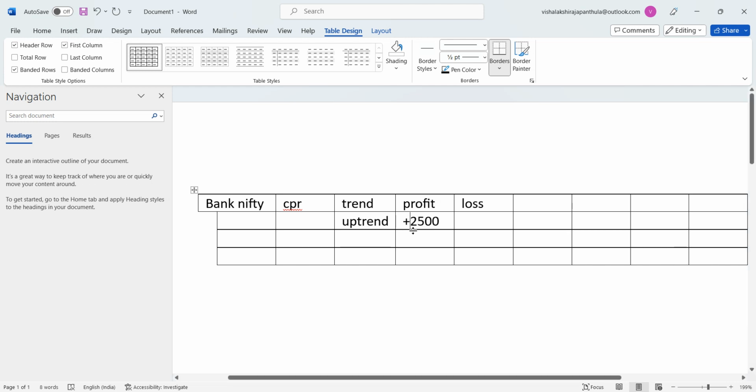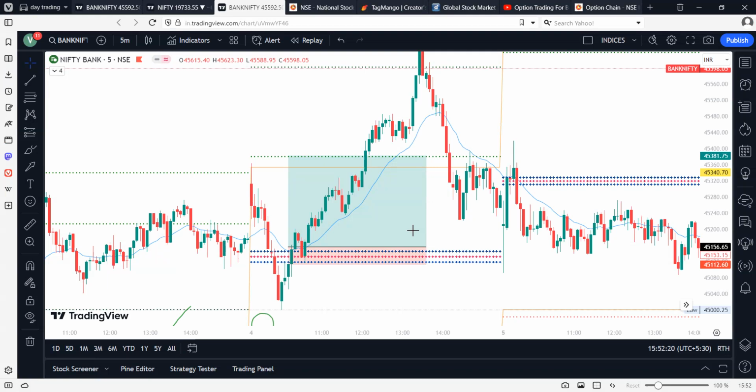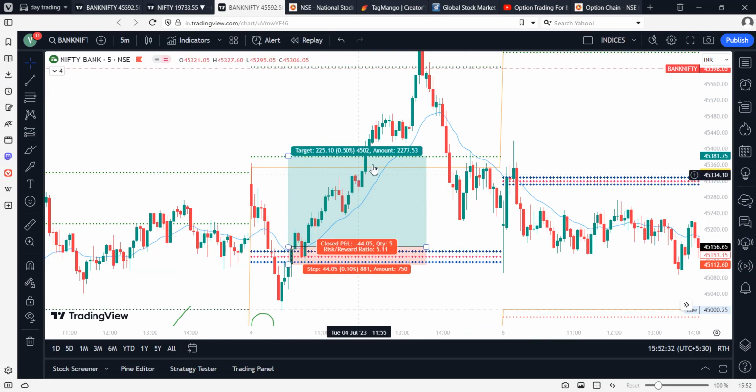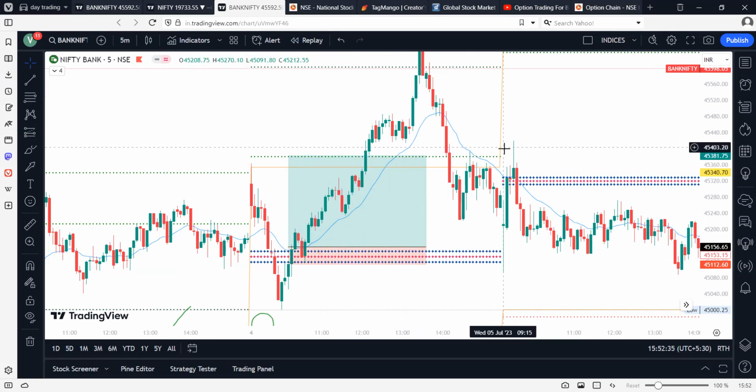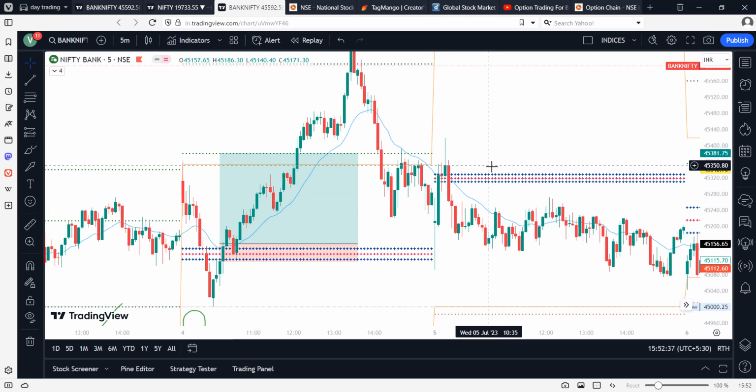Okay, now let's go to here and see the next day. Still it is in the uptrend, where we have to stay at the CPR. So as we expected the next day, it has a big bullish candle and closes above this area, even though there is some follow through also.